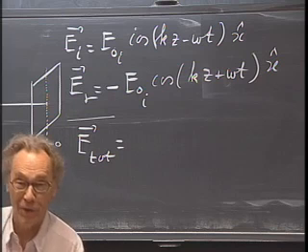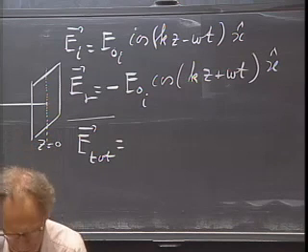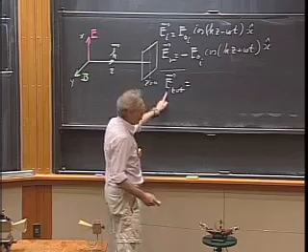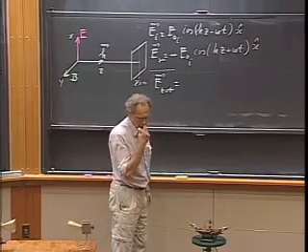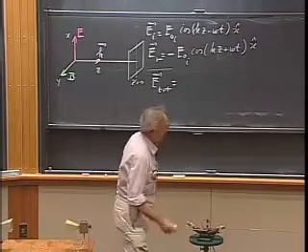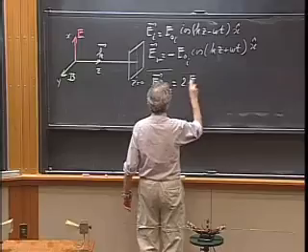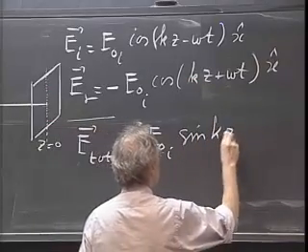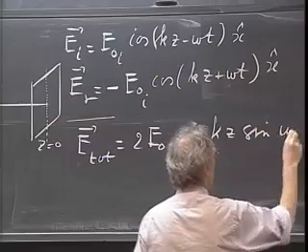Although I always have to look that up because I forget that just as well as you do. And so when I add that up then I get that the total electric field, which is the sum of the two, is going to be 2E0I, and then I get the sine of kz, and I get the sine of omega t.